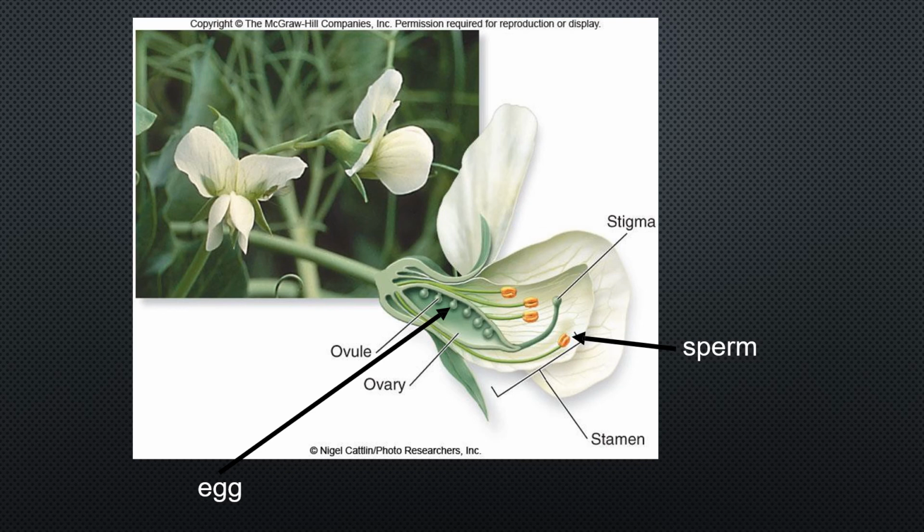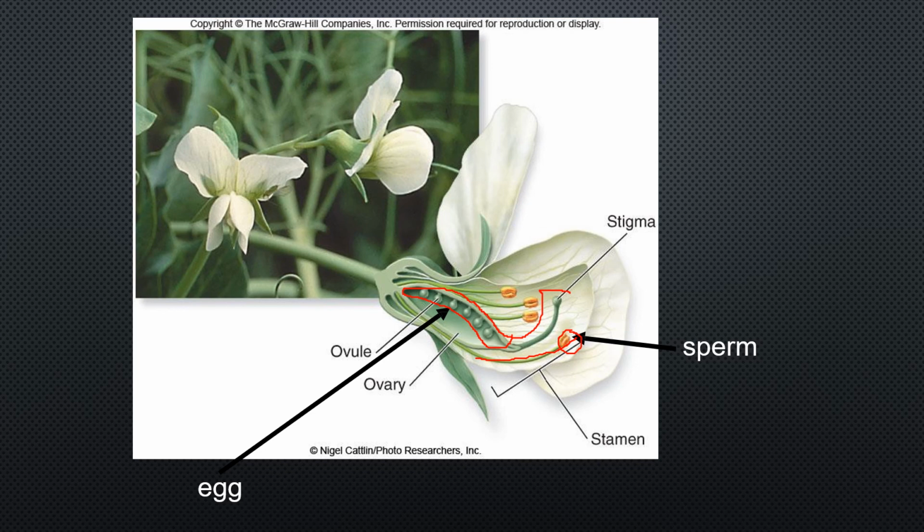So the male portion of the plant is this stamen right here. In the very top, that orange part, is called an anther, and that's where the sperm is produced. The female portion of the flower is this stigma area that leads down to the ovary with ovules right here.